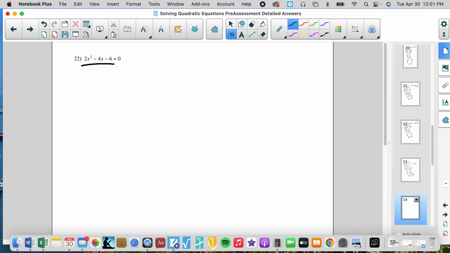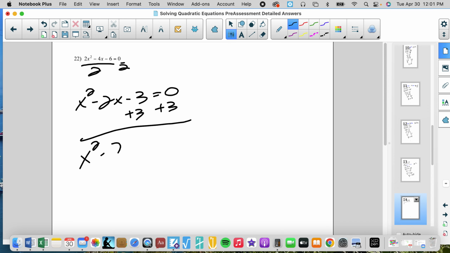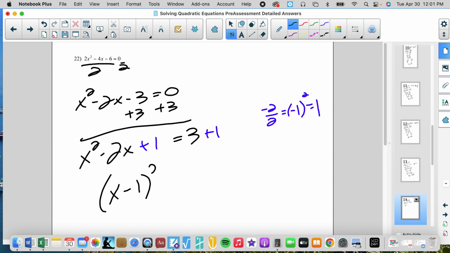I'm going to divide by 2. You get x squared minus 2x minus 3 equals 0. Let's add the 3 over. X squared minus 2x equals 3. Negative 2 divided by 2 is negative 1. Quantity squared is 1. So we will add 1 to both sides. This produces x minus 1 quantity squared equals 4.